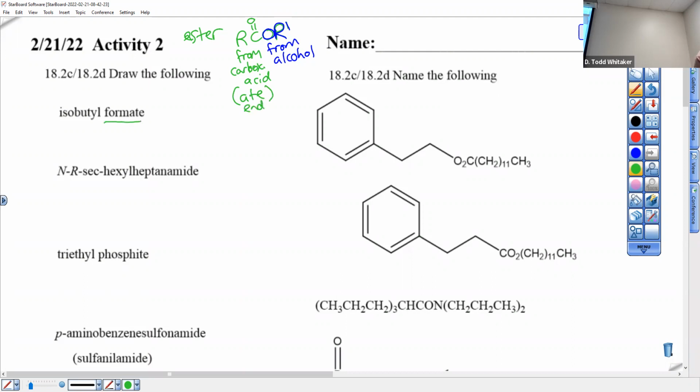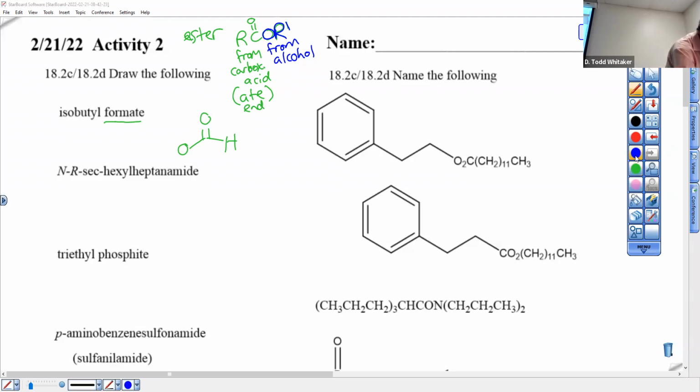So formate means this was the carboxylic acid. And we know that to make an ester, you have to replace the H on the O, which I didn't draw because I'm about to replace it, with the R from the alcohol. And R here is isobutyl.